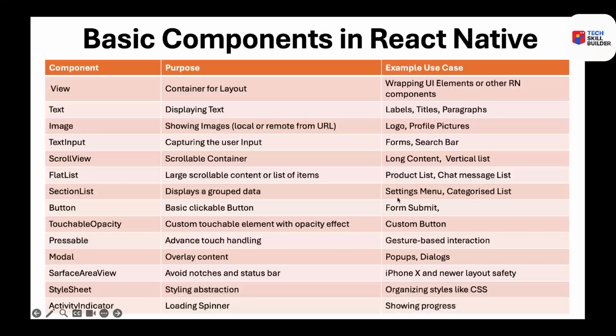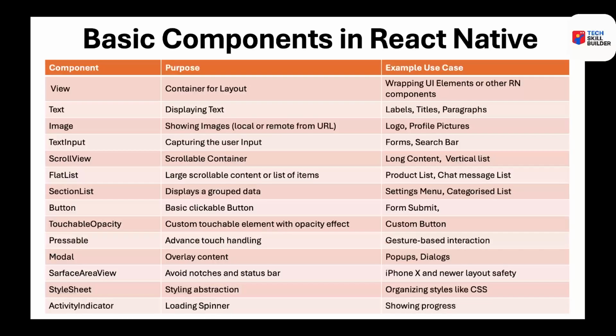We will see the purpose of each. View's purpose is to be a container for the layout, for example, wrapping UI elements or other RN components. If we have to render a label, title, or paragraph, we can use Text. If you have to render an image, like logos or a profile picture, we can use the Image component.